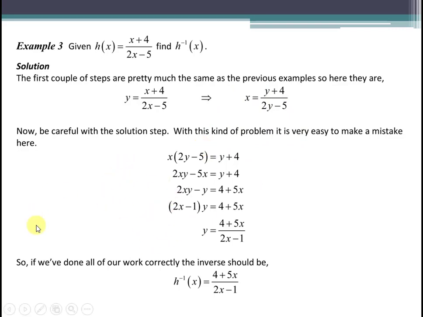So we can multiply the right side's denominator of our fraction, and after that, when we solve with respect to y, we get this answer. So 4 plus 5x over 2x minus 1. So this is the inverse function to our function.